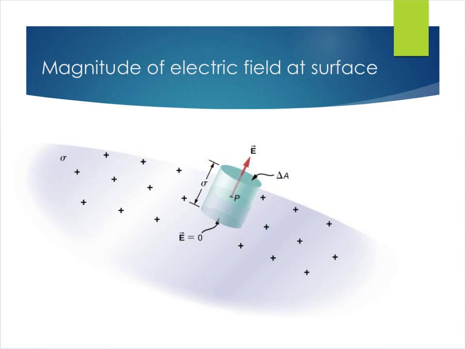Finally, the magnitude of the electric field at the surface has to be equal to sigma over epsilon naught. We use Gauss's law.